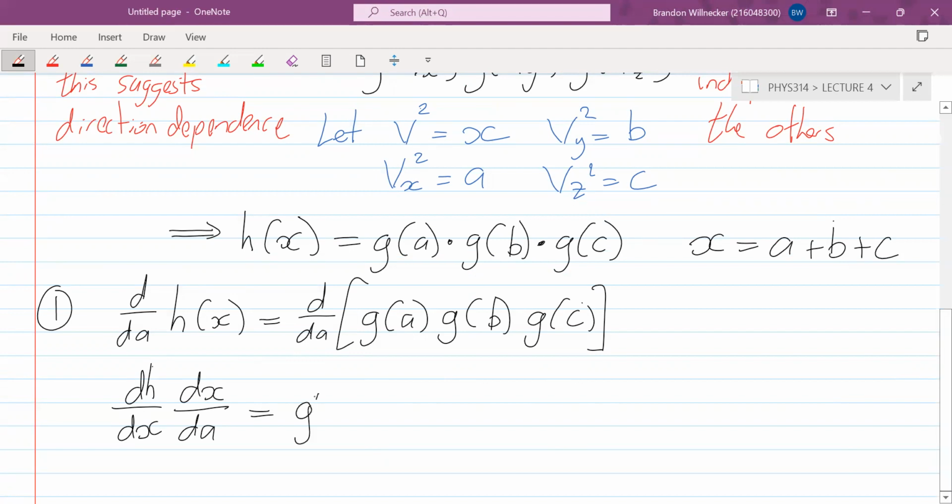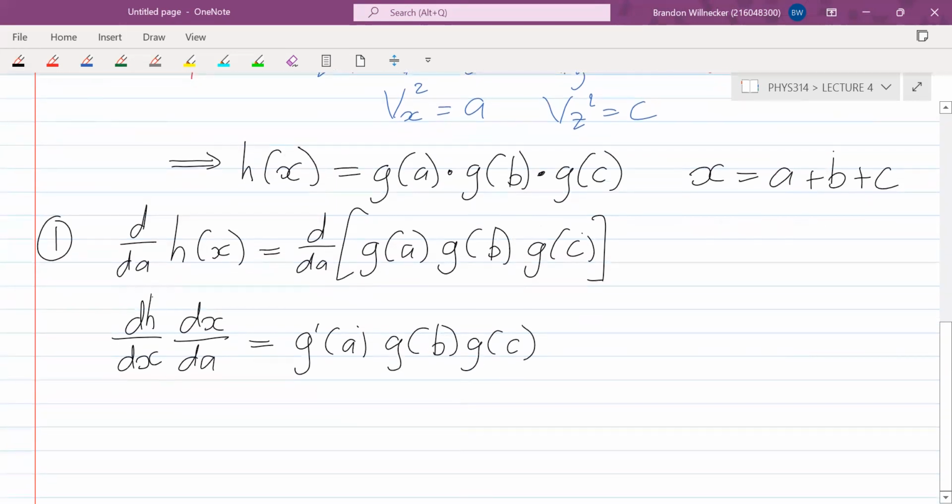So this is going to be g prime of A, g of B, g of C. And dx by dA, that's just going to be 1. So we're left with dh by dx is equal to g prime of A times g of B times g of C.